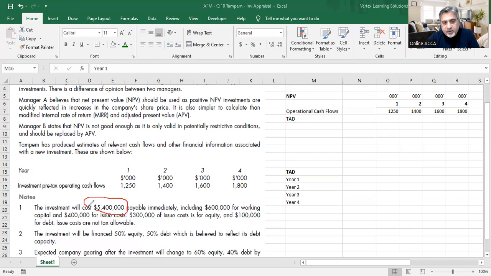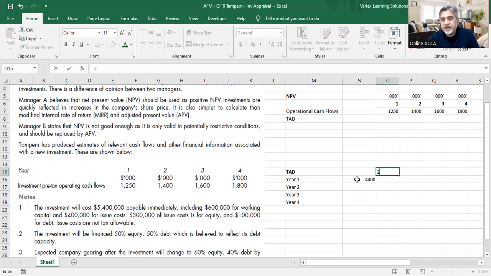But within this 5.4, 600,000 is working capital and 400,000 is issuing cost. So your depreciating assets are only 4.4 million. This is where I'm starting from.